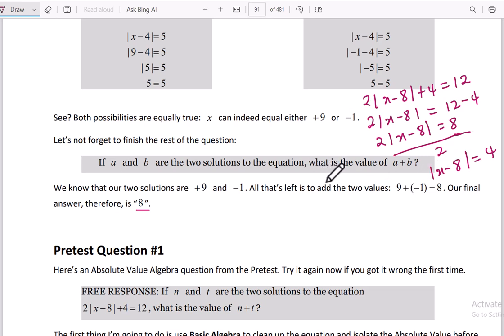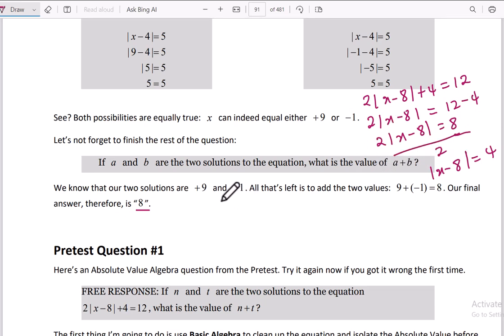Okay, hope this makes sense to you. If you don't really understand, just pause the video and go through it again. Or you can use this 2 to multiply through this bar and it will give you something. But I think it is ideal when you work this way, dividing through by 2. So the 2 cancels out here and 8 divided by 2 is 4.